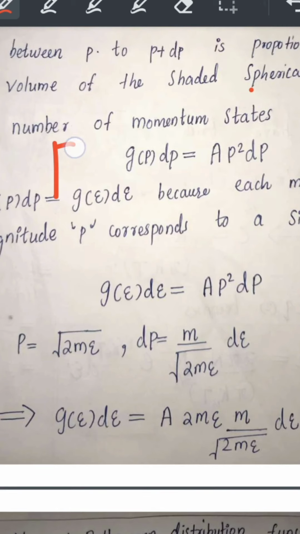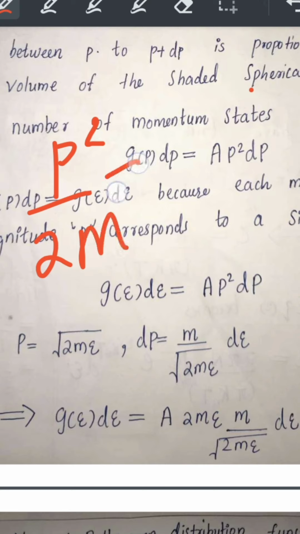We know that p square over 2m is equal to energy.